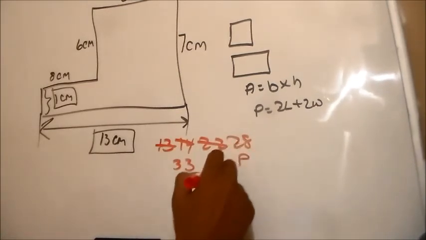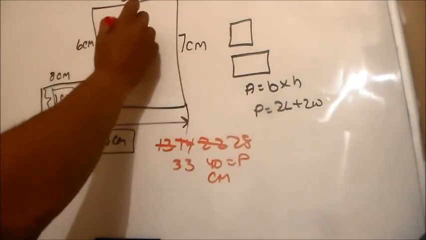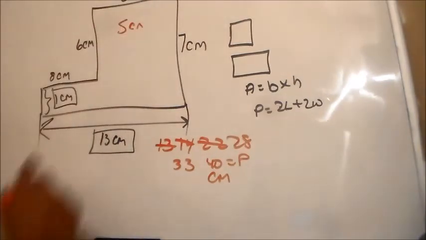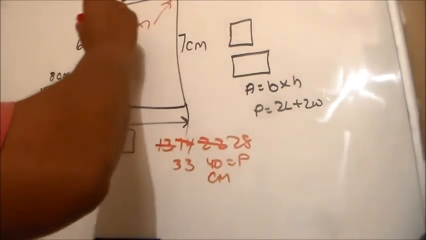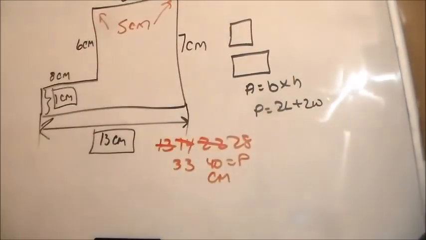So the perimeter equals 40 centimeters. And let me bring this 5 centimeters in because this may be outside of the boundary of the camera. You have to be very careful and watch that.